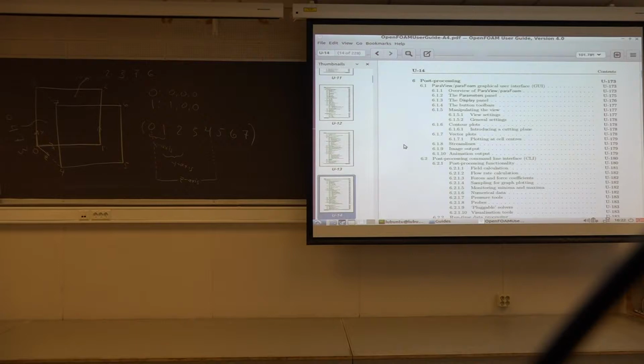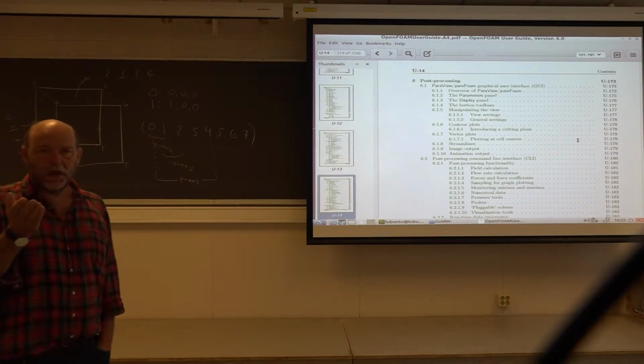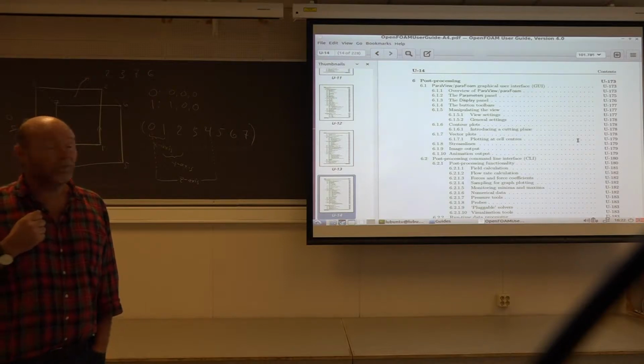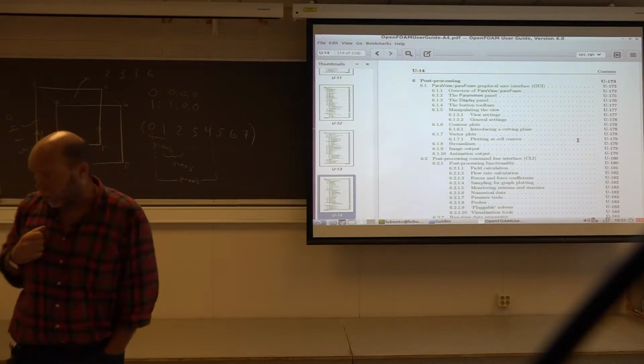And finally, chapter 6. Here is something interesting for us. It's post-processing tools. Now, for those of you who have the old version of OpenFOAM, what we are about to do doesn't work.